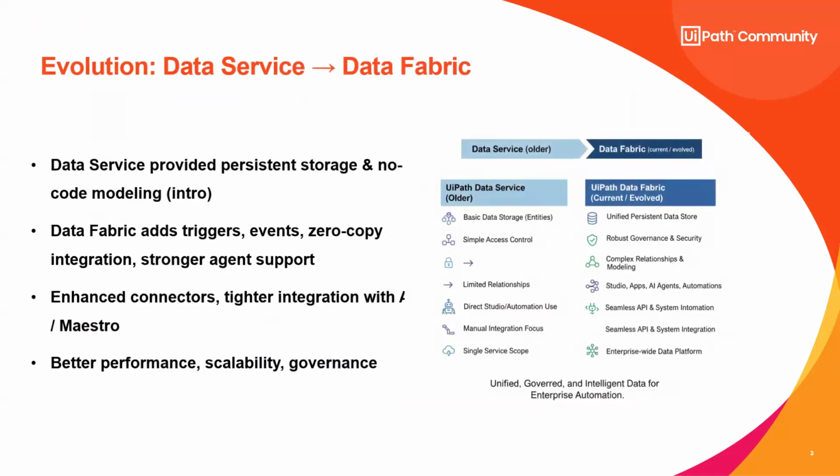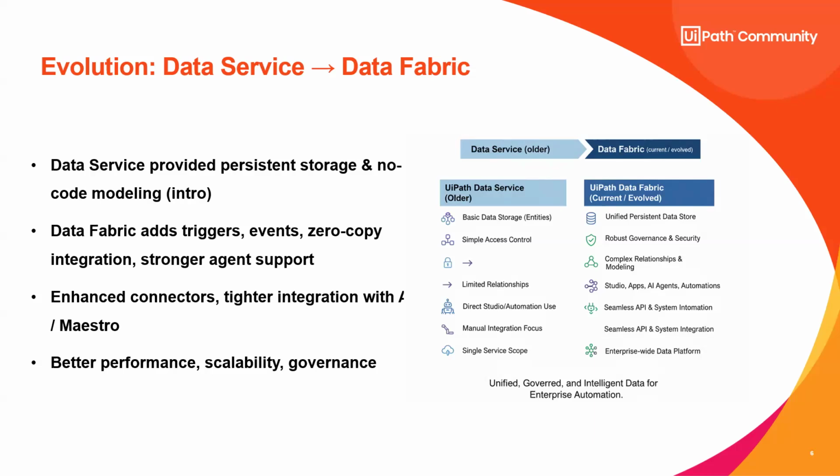So evolution from data service to data fabric. So now that we have seen what data fabric is and what it offers, let's take a step back and understand how it evolved. Some of you might be familiar with UiPath Data Service, which was introduced earlier as a way to store structured data inside the UiPath platform.